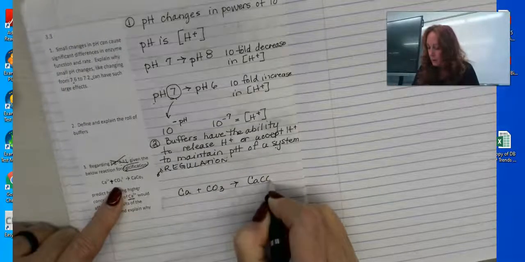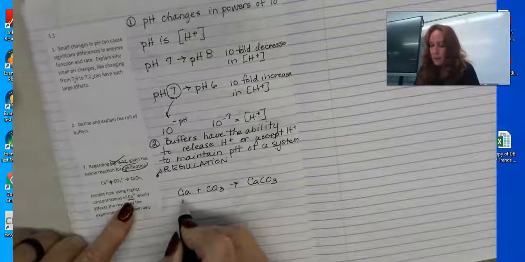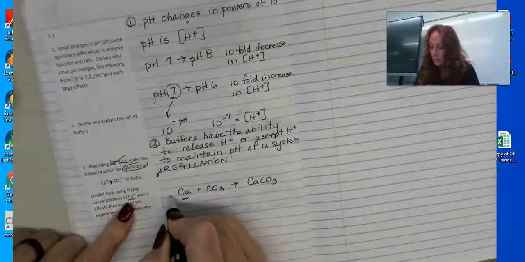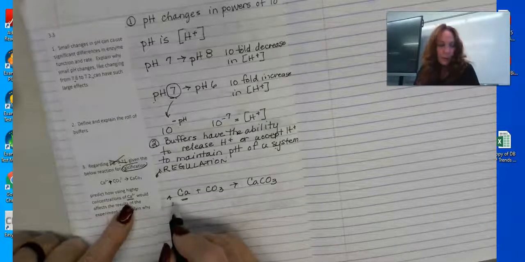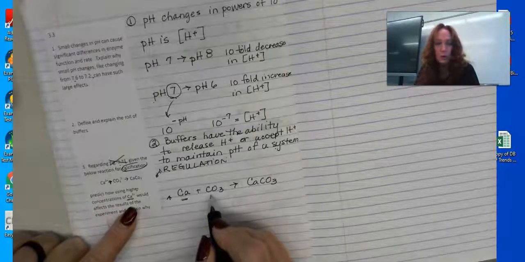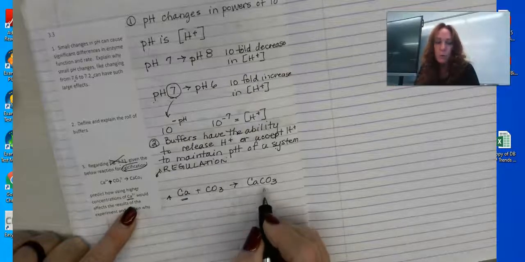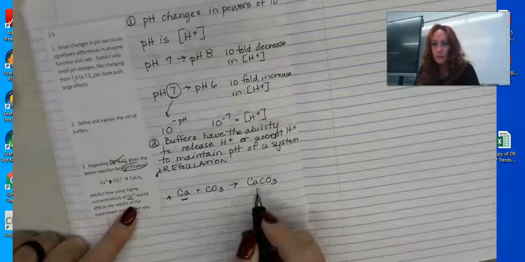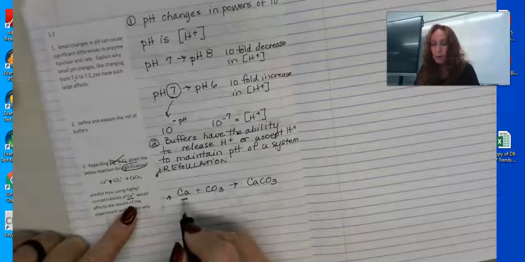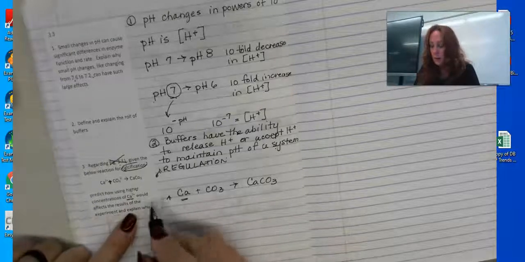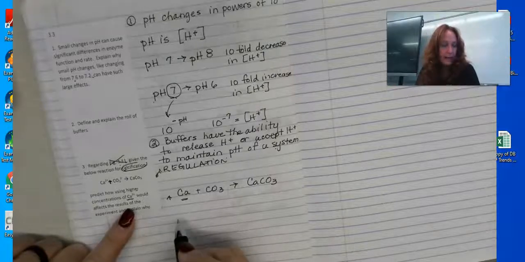And you've got calcium carbonate. And they're saying that calcium is going to increase without having additional carbonate. You won't make more product, but you have a push toward making more product because you're increasing one of the reactants. So that's what they're trying to get at.